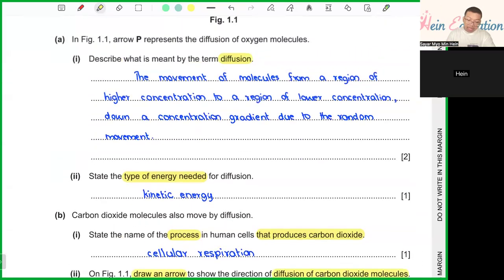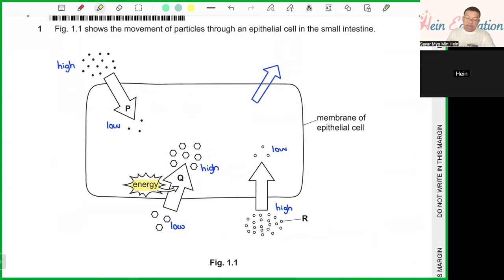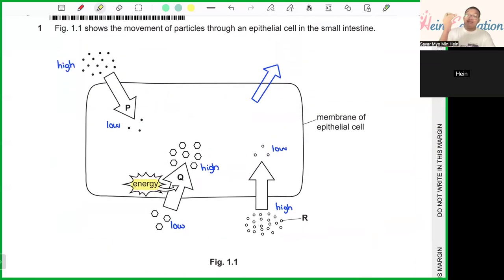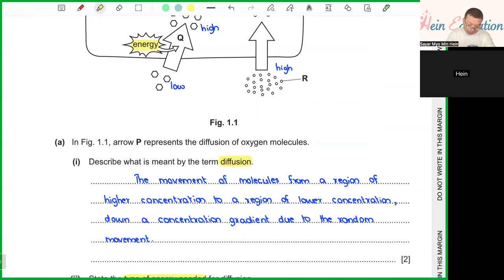So from my assumption, I drew an arrow that is moving out of the cell. Respiration will take place inside the cells and carbon dioxide will be produced. So the carbon dioxide as a product will be released out of the cell. So this is my answer to this question.